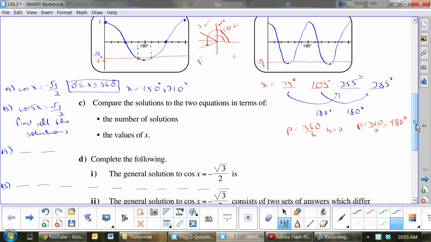So now have you established a rule to do these? How did you go from here to here? What rule did you guys use? Because 10 is right. How could you do this if I gave you cos 1/2 x or cos 3x? Could you get the number of solutions? Yeah?